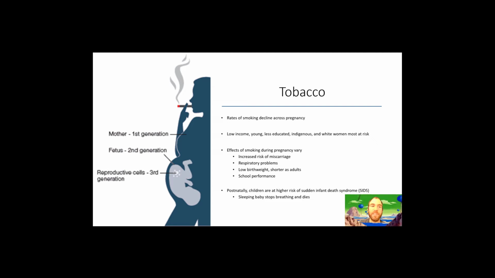One interesting thing about smoking, and it really speaks to how important the prenatal environment is: say a sperm and an egg are fertilized in a lab and then implanted in a different mother. If that mother smokes, that fetus is still more likely to have low birth weight.